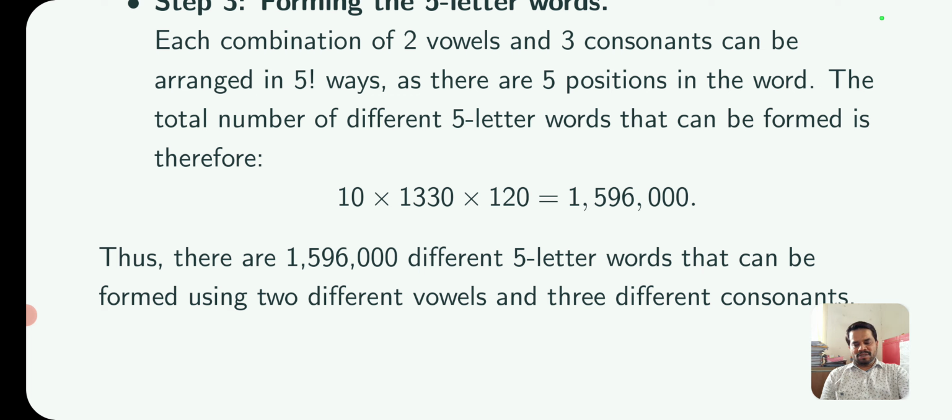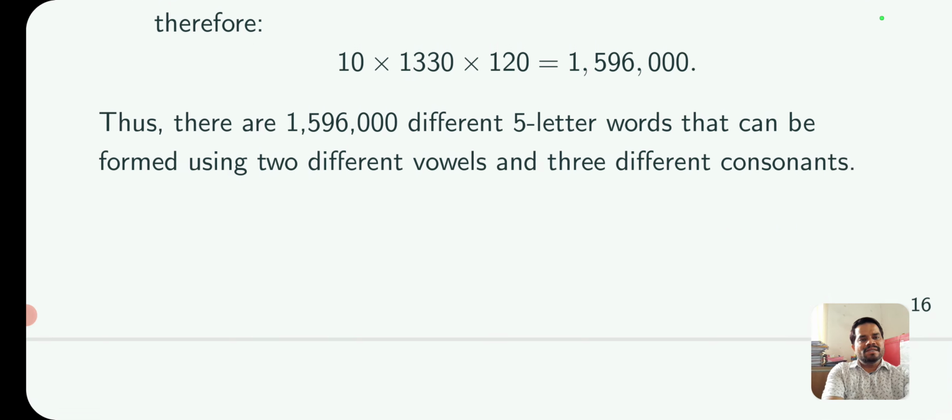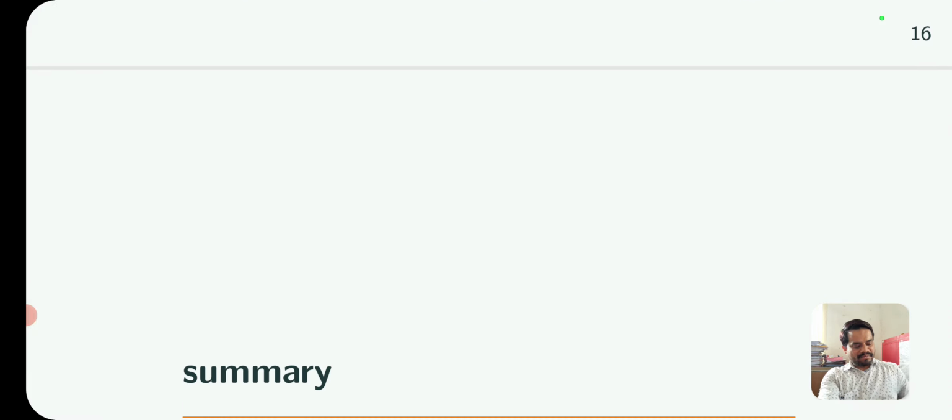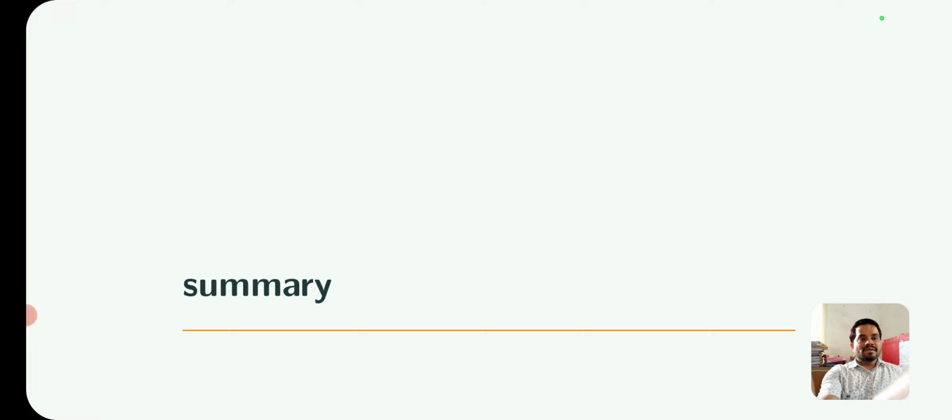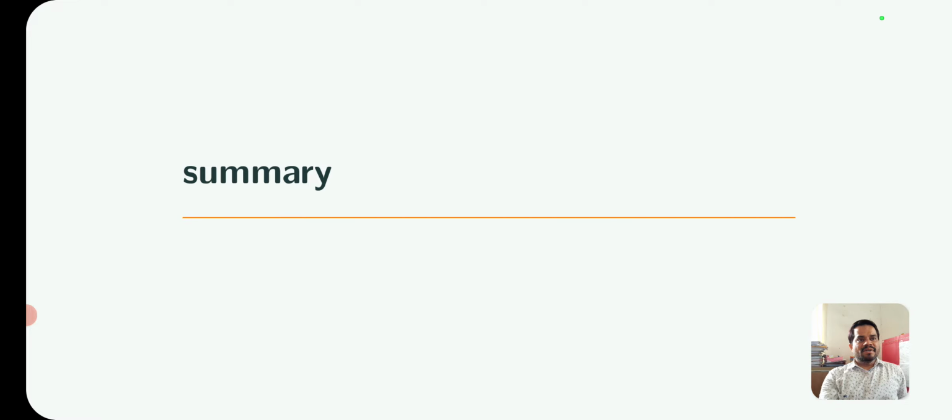So in today's lecture, we have discussed 5 examples on different conditions. The first example we solved was on an examination where a student answers 6 questions out of 10.